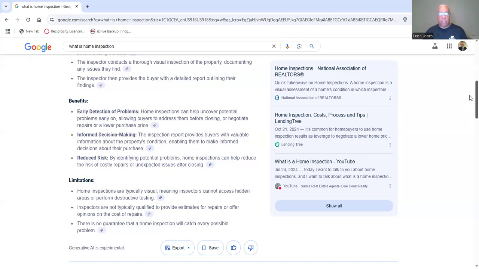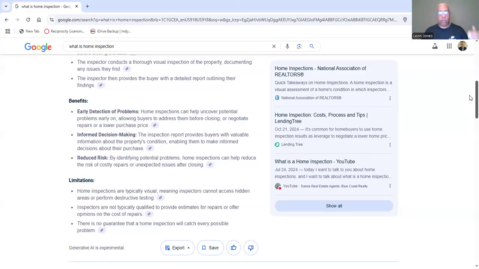Informed decision making. So the inspection report provides buyers with valuable information about the property's condition. Again, when you do any type of inspection, you must utilize a report.